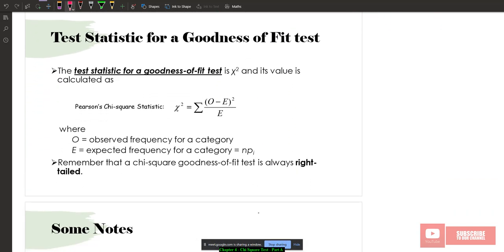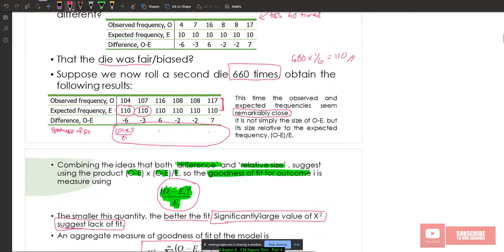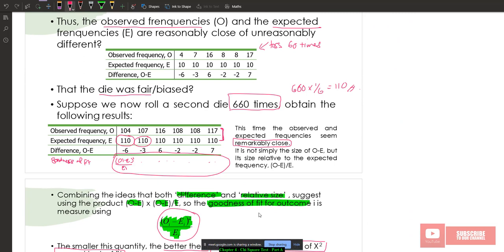So the test statistic for the goodness of fit test, right, is a chi-square distribution. So the chi-square is a Pearson chi-square statistic calculated. This is the formula. We are taking a summation for each goodness of fit, right? Remember, the goodness of fit value can be calculated by using observed minus expected.